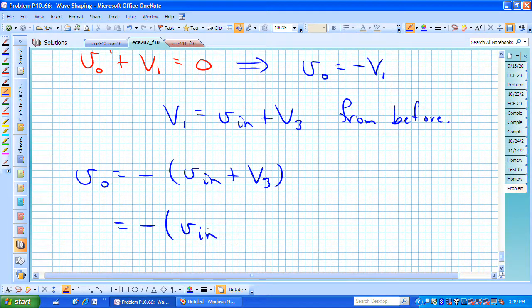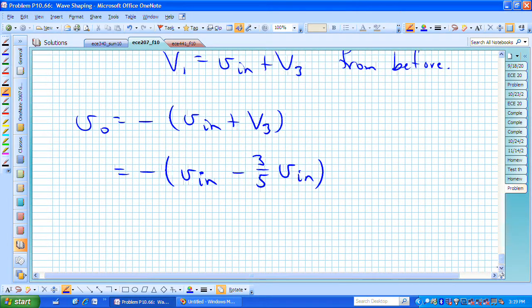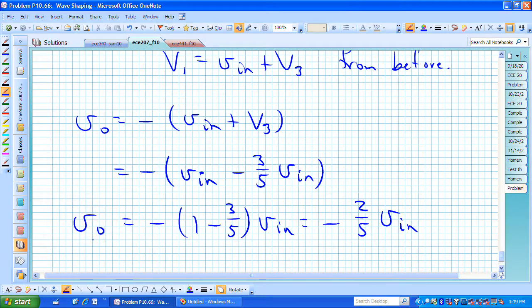Vn is a given input, but V3 was minus 3/5 Vn from our earlier analysis. Or we now have minus 1 minus 3/5 Vn, or that's minus 2/5 Vn is what V out is.